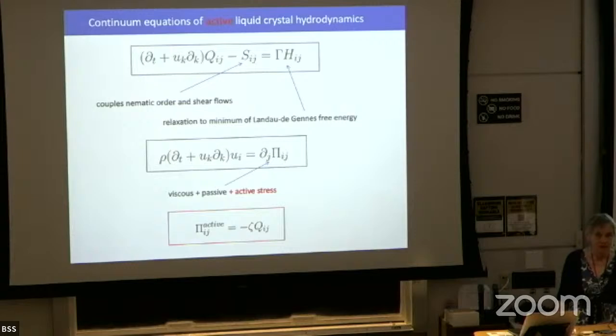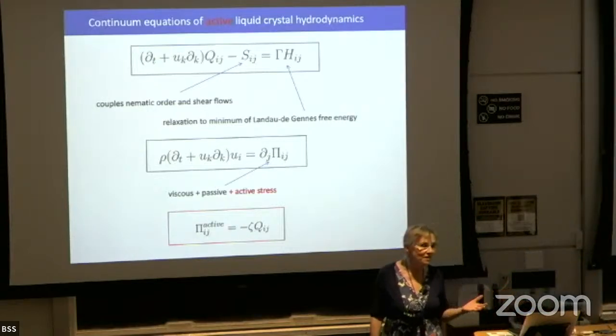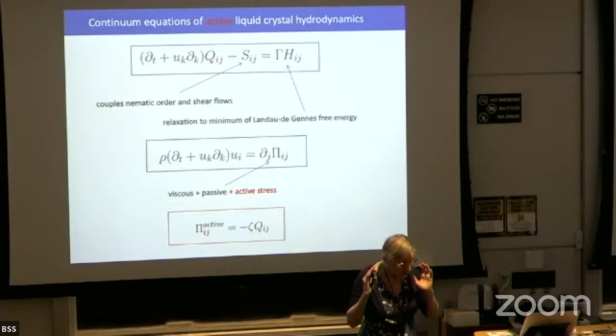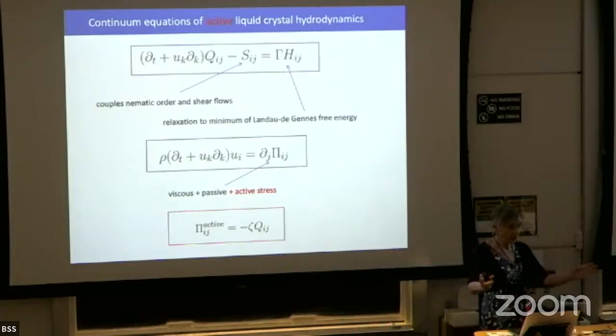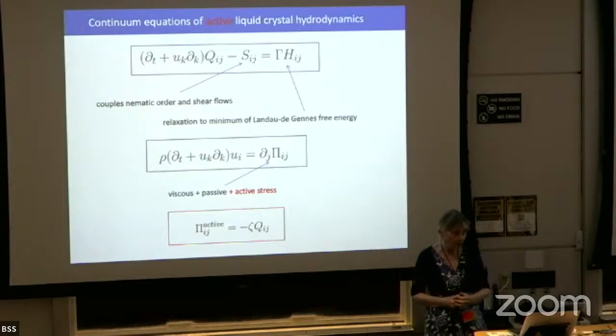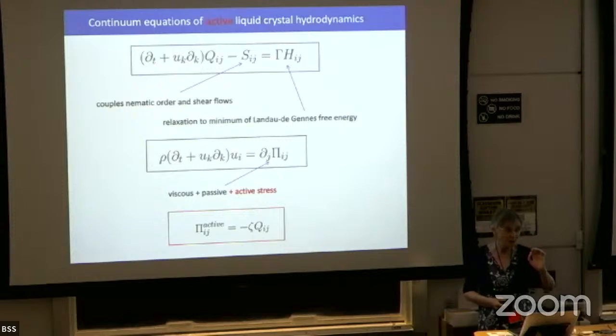Maybe a silly question, but if these things are moving in a certain direction, why is nematic symmetry appropriate? That is absolutely a sensible question, and it always worries people. Nematic symmetry is appropriate because the far flow field is nematic. What we're doing here is coarse graining over lots of these things, so we're hoping that what happens locally is not important.